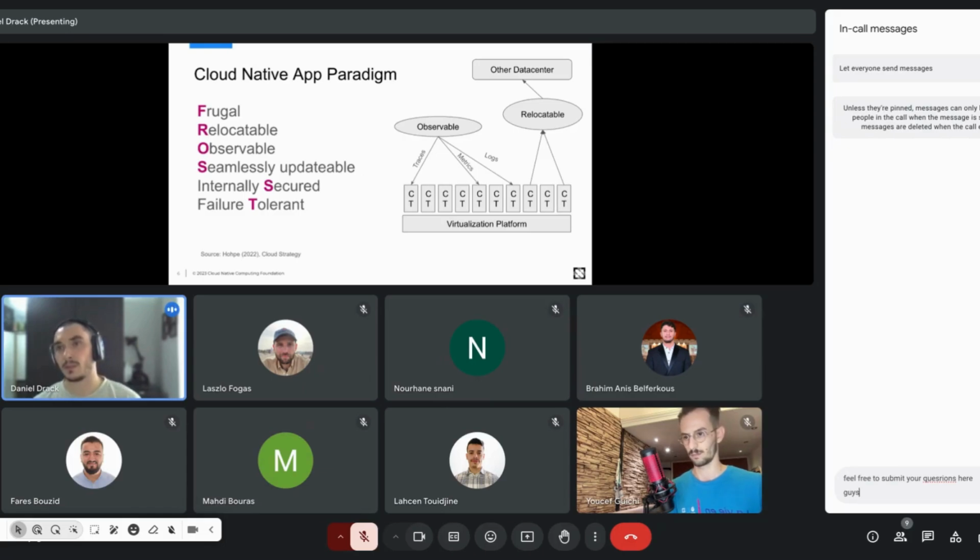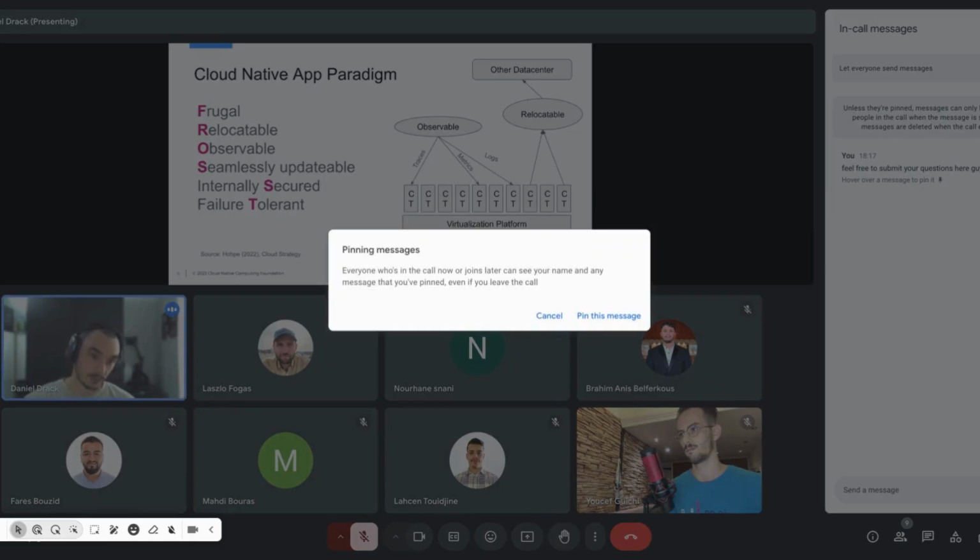The next thing that's going to be one of the key paradigm shifts that we see is that cloud native applications tend to be secured internally. So the idea in the old days was that you pretty much have this one enterprise Java server where you have all your services running and you secure the server.